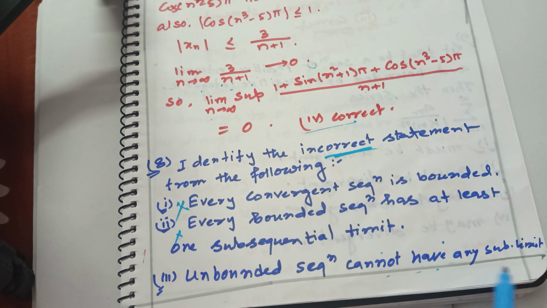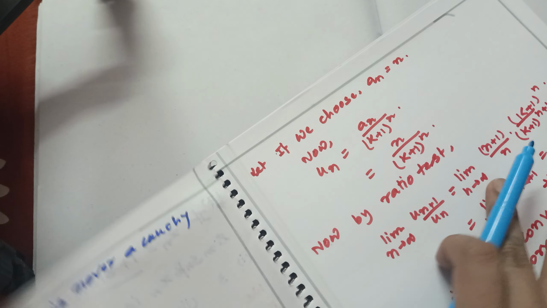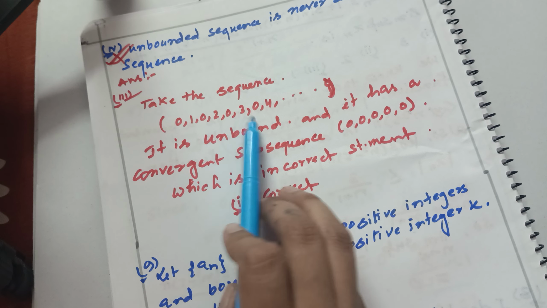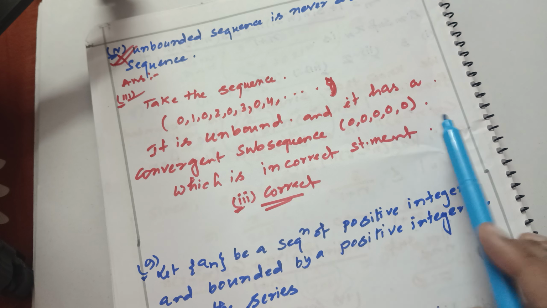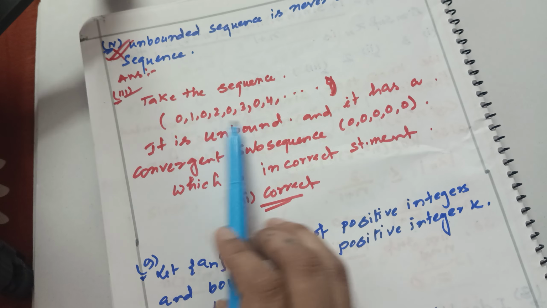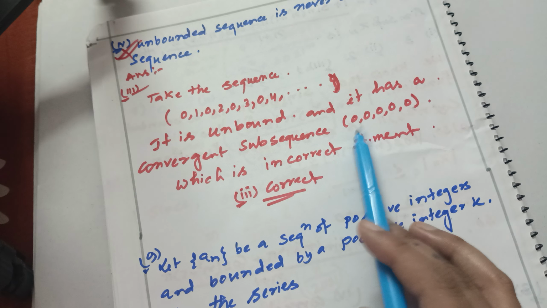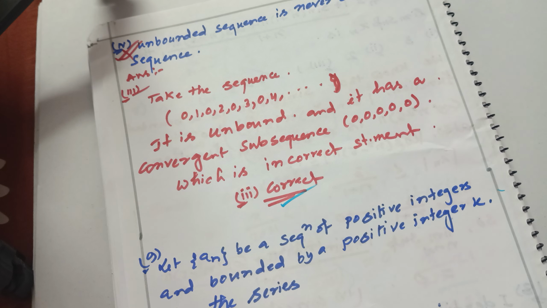Unbounded sequence cannot have any convergent subsequence. Consider the sequence 0, 1, 0, 2, 0, 3, 0, 4, which is an unbounded sequence. Its subsequence 0, 0, 0, 0 converges to 0, so it is convergent. The statement says not convergent, so option 3 is the incorrect one.